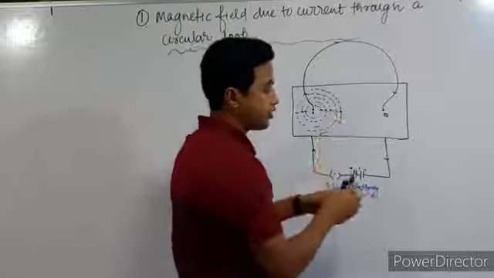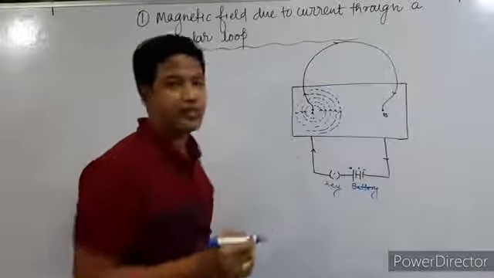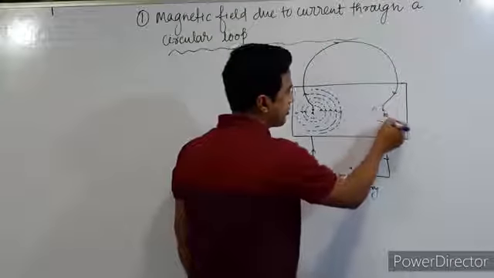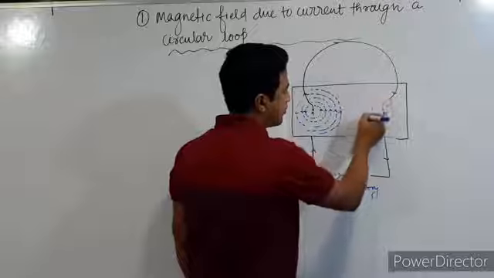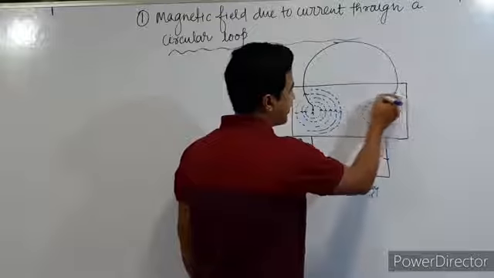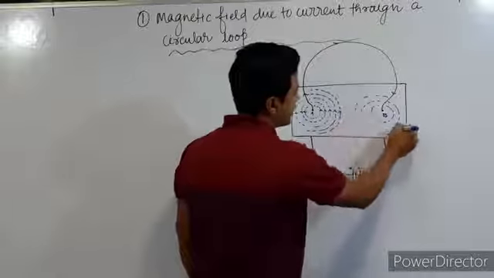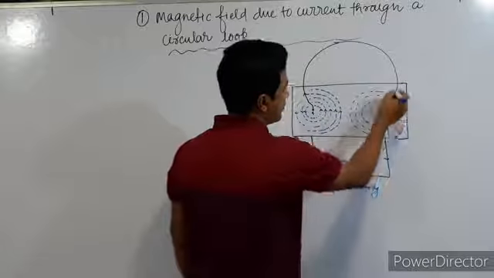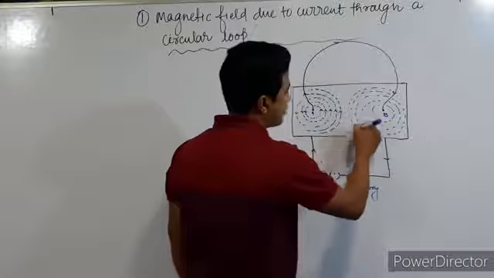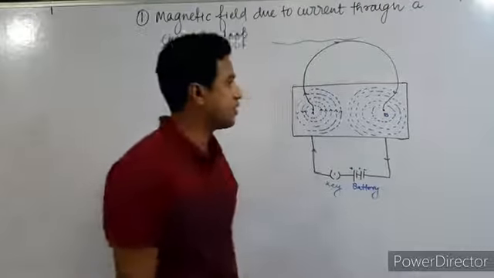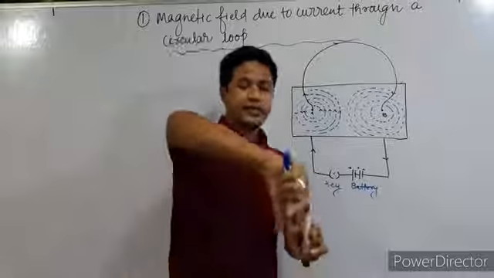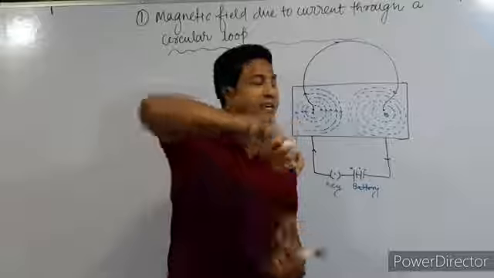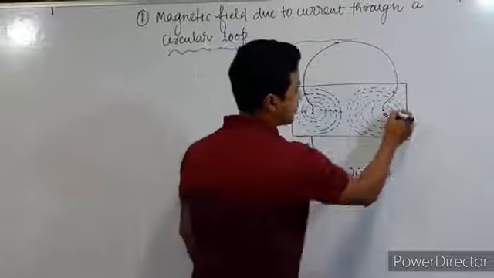Again, concentric circles of magnetic field will be created around point B, because at point B we take it as a straight conductor. So the magnetic field direction will be in this direction, like this.